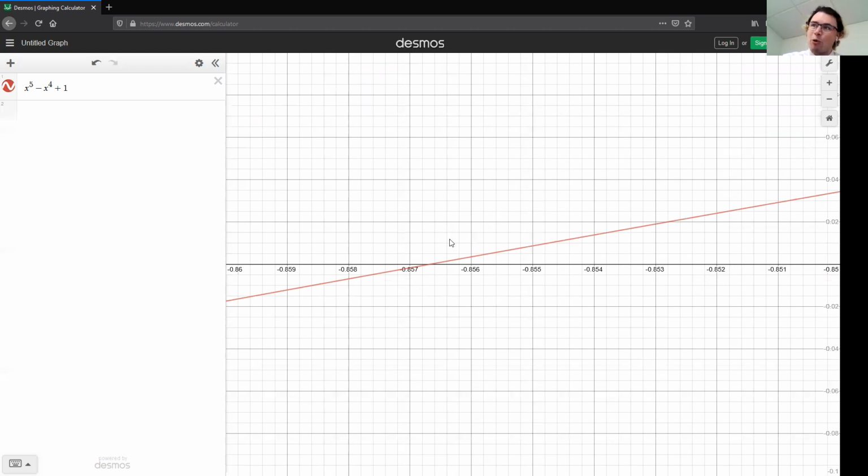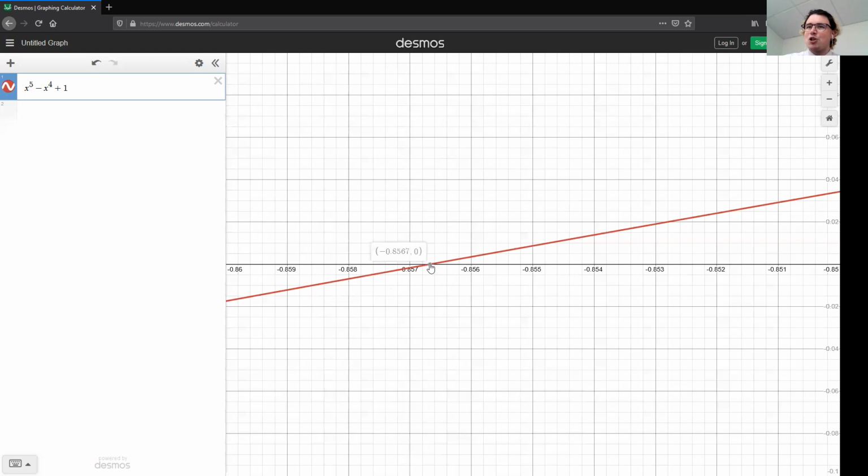It has to cross y equals 0 in between. So now I've got 2 decimal places correct. This number is between minus 0.86 and minus 0.85. So the first 2 decimal places is this number is minus 0.85 and change.